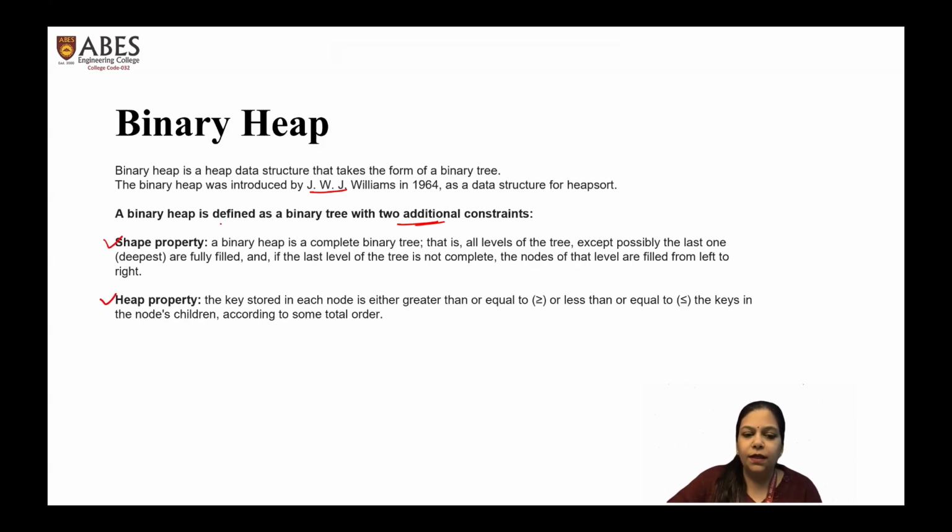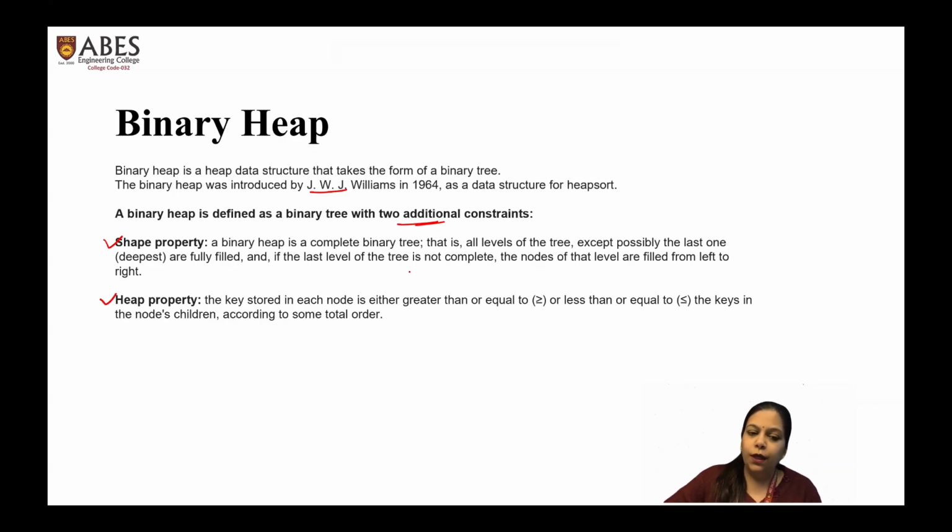A binary heap is a complete binary tree. That is, all the levels of the tree except possibly the last one, the deepest one, are fully filled. And if the last level of the tree is not complete, then the nodes of the tree will be filled from left to right.